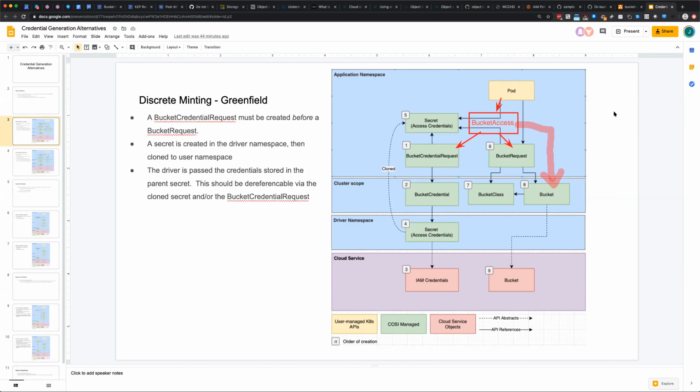I posited a scenario that maybe we don't have to support. I'd like to maybe bounce that idea. The way you just described it, I think, is exactly right: if you know it's a greenfield case, you know that at the time you're doing your bucket request, and you are asserting that you want ownership of this, and probably that you don't want others to have access to it.